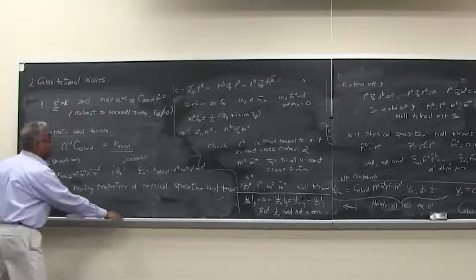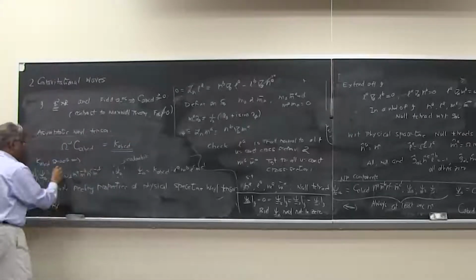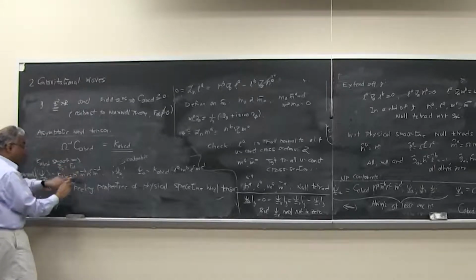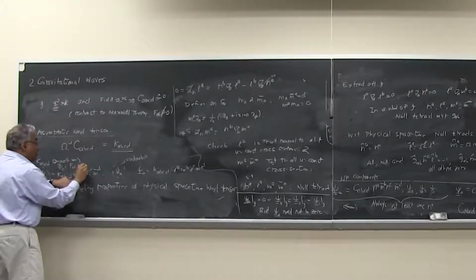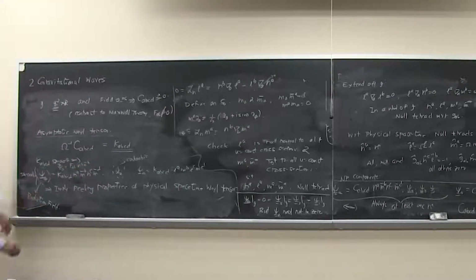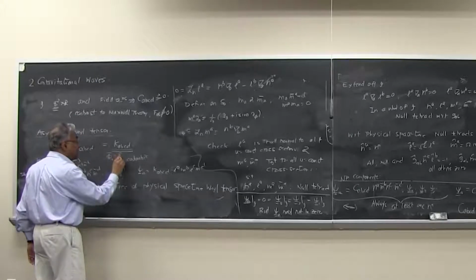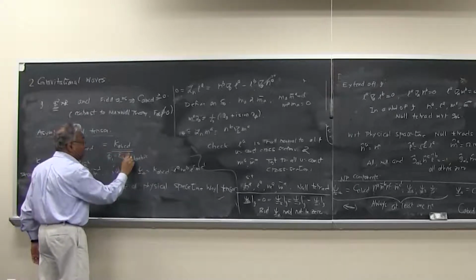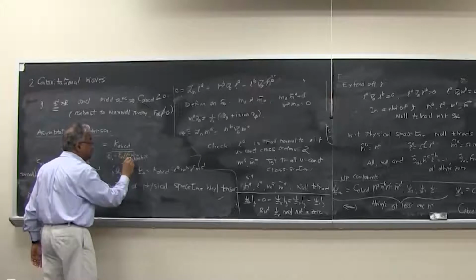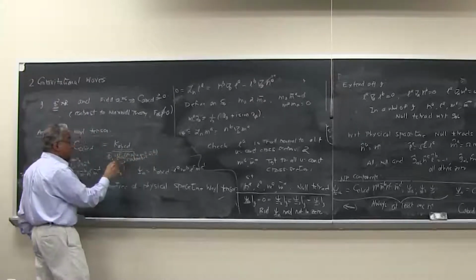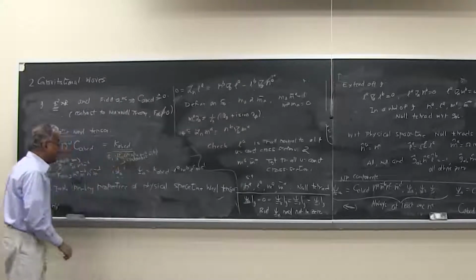And this is very similar to what happened in the Maxwell case. In the Maxwell case, we had phi 2, which was equal to F_AB times m-bar^A n^B, and that was the radiation field. And then instead of psi 2, we had phi 1, which was F_AB times (l^A n^B + m^A m-bar^B), and this has the Coulombic information.